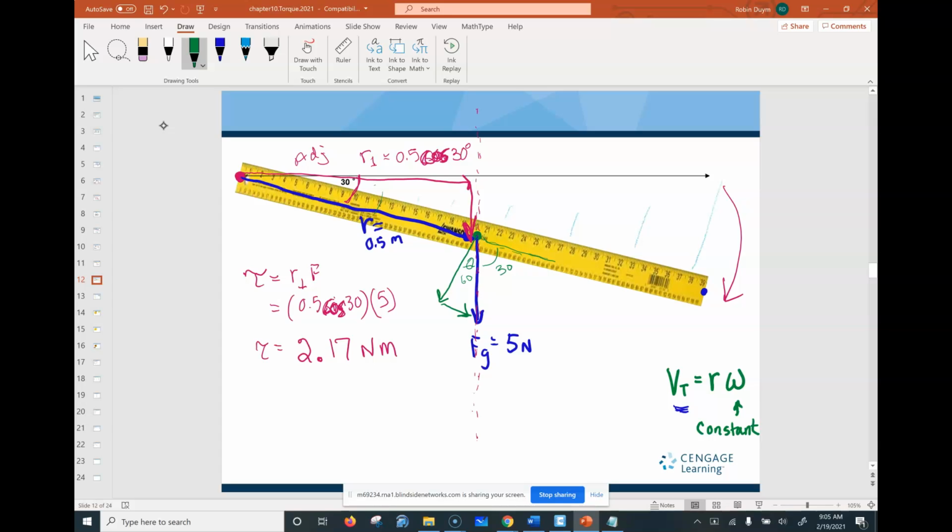This is my F perpendicular. So I could, let's just make sure that this works out, that my net torque, I could take my net torque and do my R times F perpendicular.